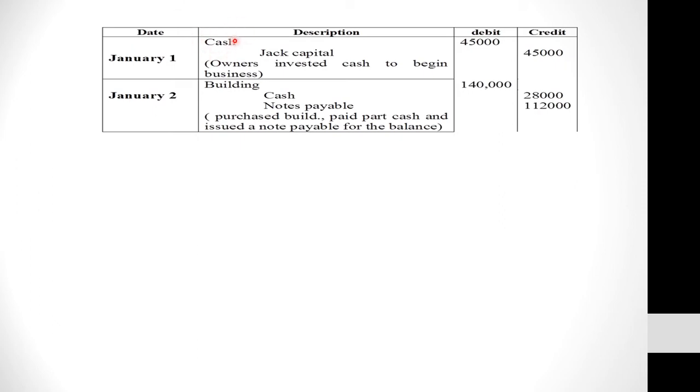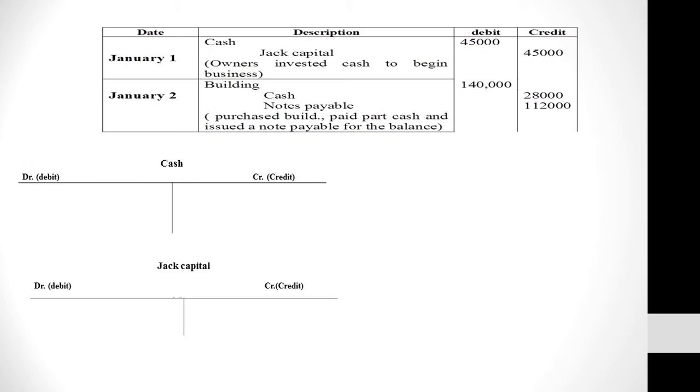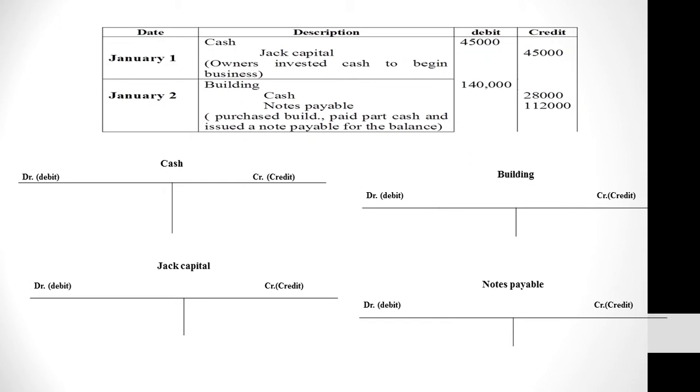We have cash 1, capital 2, building 3, cash again, we are not going to count it, so notes payable 4. We have 4 accounts, each account is counted once. So we're going to open 4 T accounts, one for cash, one for capital, one for building, and one for notes payable. And we start in order.